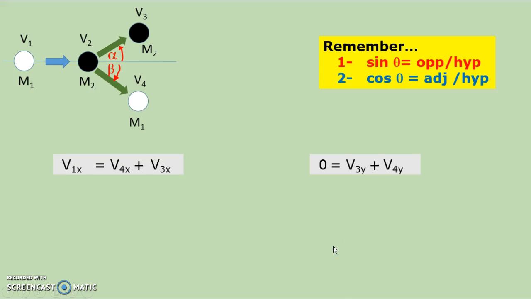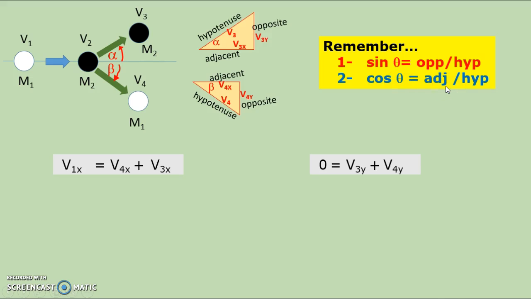Okay. If I remember my trig functions, sine is opposite over hypotenuse and cosine is adjacent over hypotenuse, I can see that, and I'm given these angles, so I can solve for these different components.